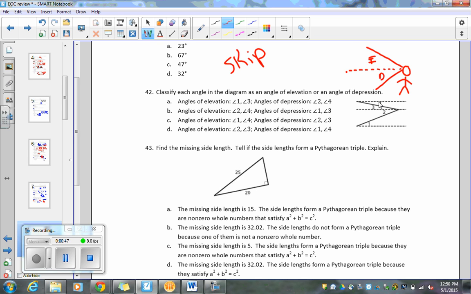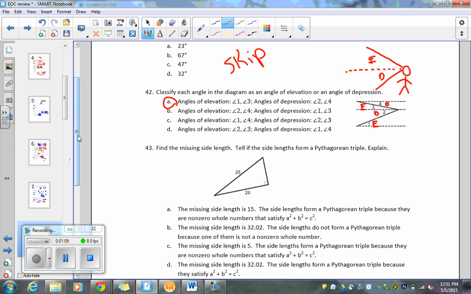Looking at our graph, angle number one, see how it's above the dotted line? So that would be elevation. Angle 3, see how it is above the line? It would also be elevation. Angle 4 is below the dotted line, and each angle has its own dotted line, so you just have to look. So my elevation would be 1 and 3, so that should be A.